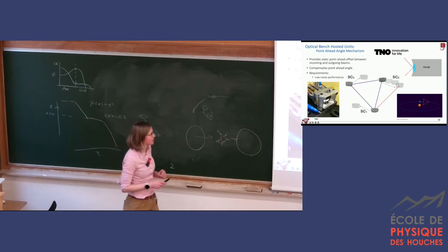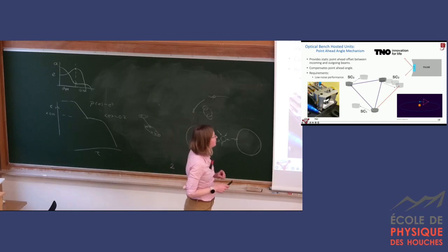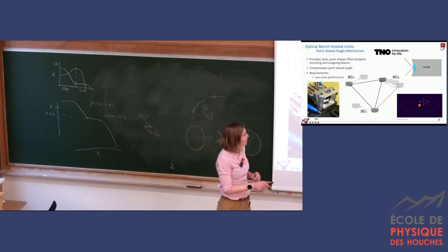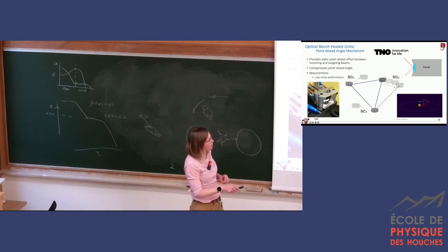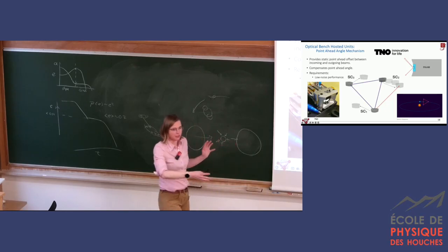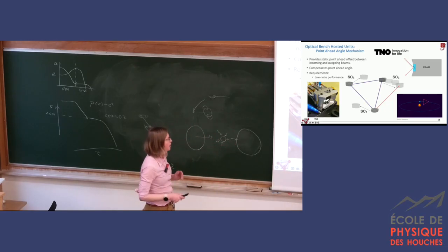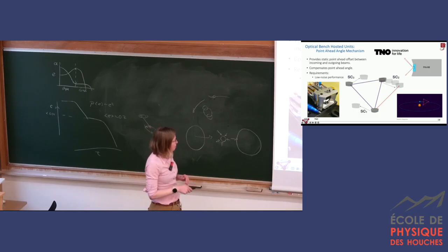The second mechanism is the point-ahead angle, as was mentioned. The light traveling between spacecraft takes approximately 8 seconds, 8 and a bit. So we have to make sure that our spacecraft points to where the satellite is going to be. And this is done by PAM.